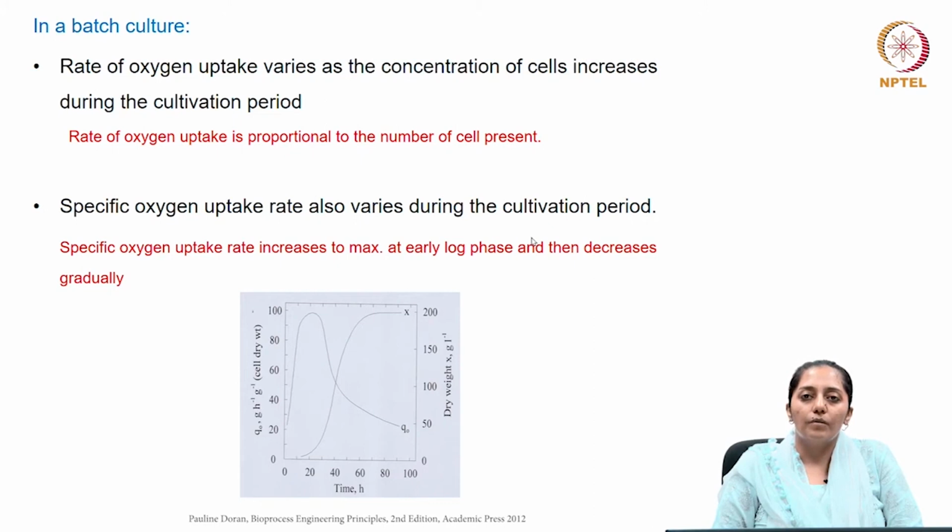The specific oxygen uptake rate also varies with the cultivation period: it increases to its maximum during the early log phase and then decreases gradually.